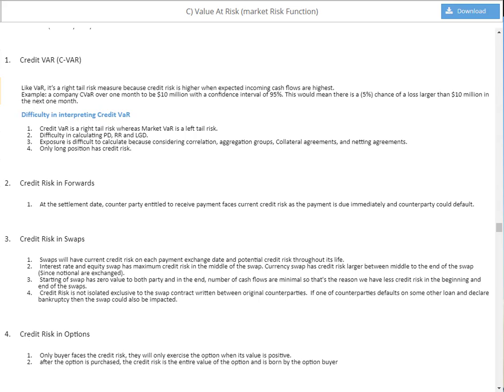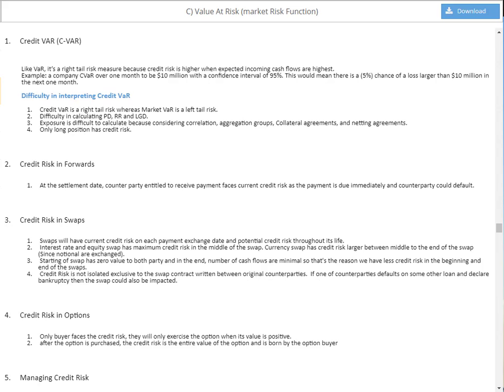A currency swap has larger credit risk between the middle and the end of the swap, because the notionals are exchanged only at the end of the swap. At the start, interest rate swaps have zero value to both parties, which is the reason the credit risk is minimal in the beginning or in the end.